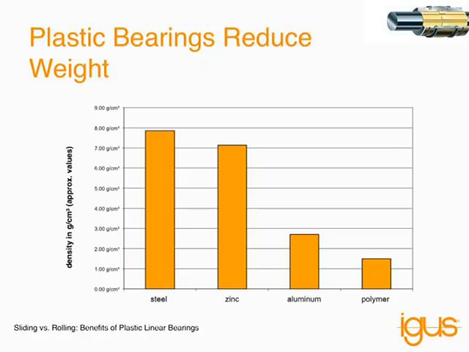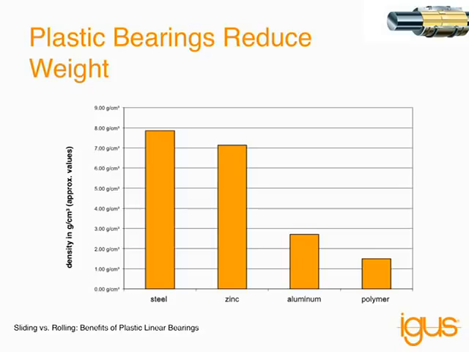A sometimes overlooked benefit that plastic bearings offer versus recirculating ball bearings is their weight reduction when compared to metals. This is important not only for industries where you're trying to save weight, like the automotive industry or aircraft interiors. It's also important in any application where maybe you have a gantry system and one linear bearing axis is moving on another.